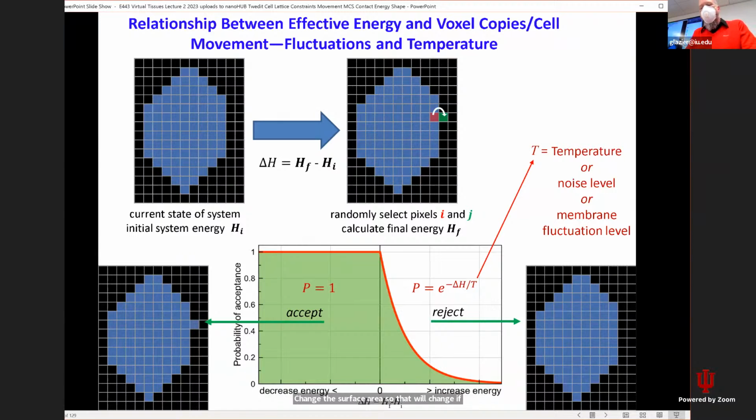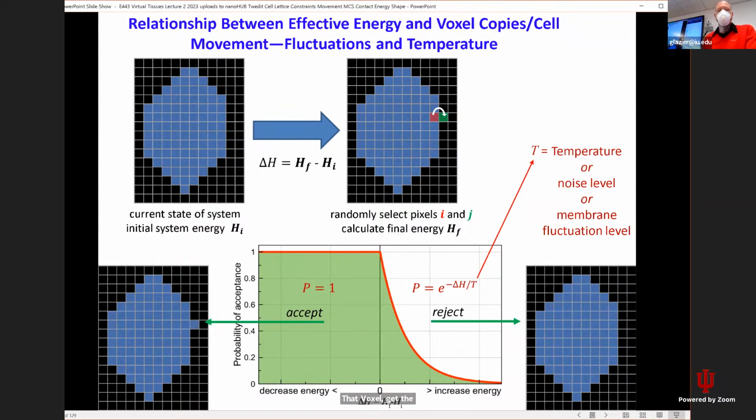If the cell has a gradient which moves it, which has an energy associated with its position, that will change. And so each term in the effective energy will change when I change the lattice configuration. And that gives me a change in energy when I move that voxel in the copy.